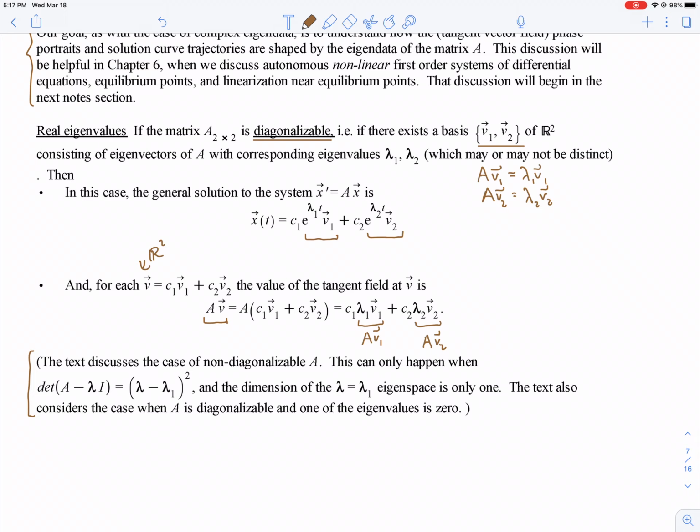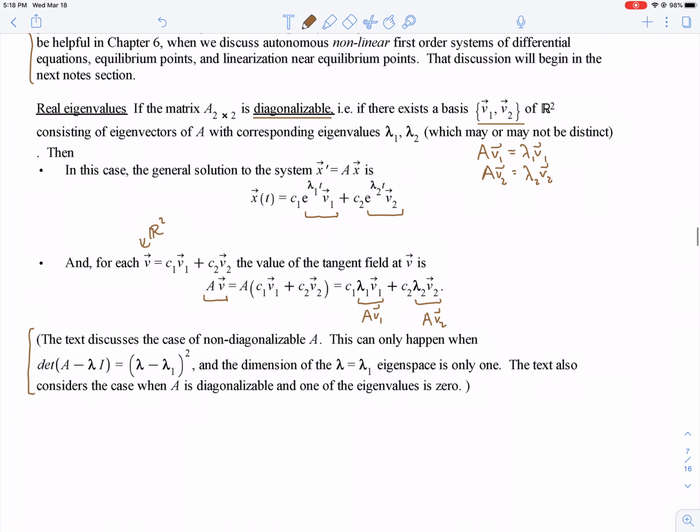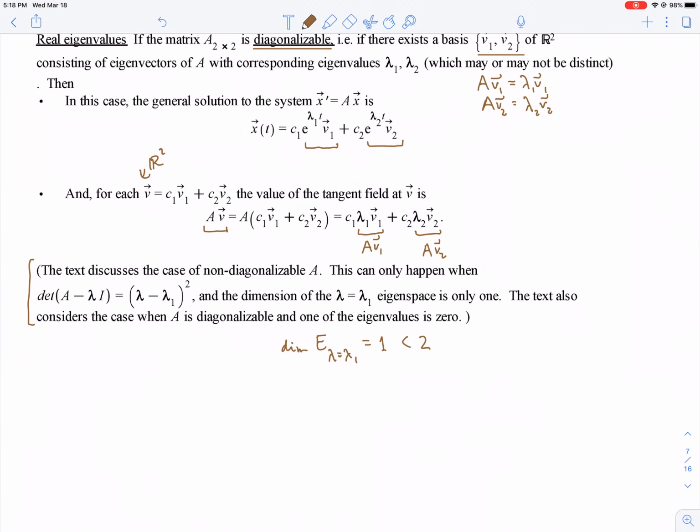So when A is 2 by 2, the only way you get a non-diagonalizable A is if the characteristic polynomial is lambda minus lambda 1 squared, but the dimension of that eigenspace is 1, which is less than 2, which is what it would need to be in order for the matrix to be diagonalizable.